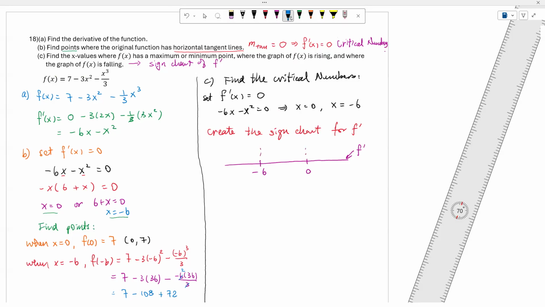Then we need to choose a test point. Maybe I choose negative 10 for the interval from negative infinity to negative 6, and maybe negative 1 between negative 6 and 0, and then maybe we could choose 1 from 0 to infinity.